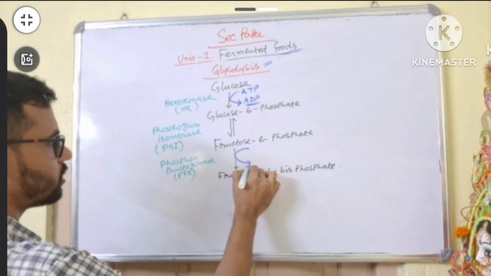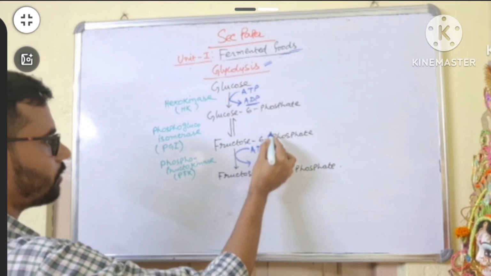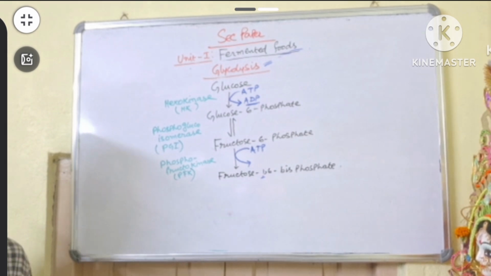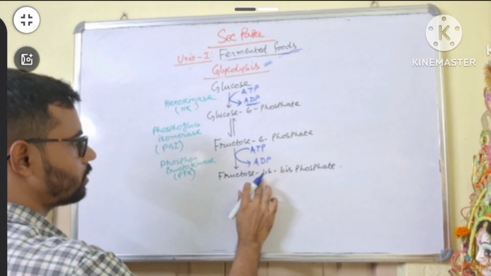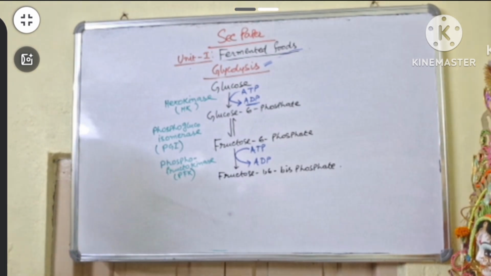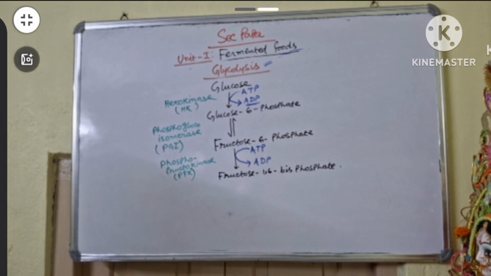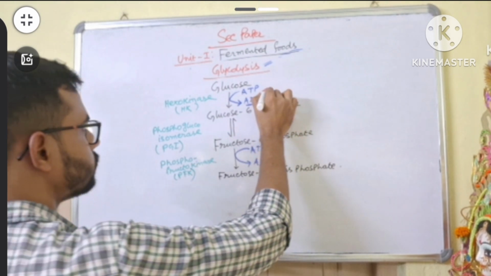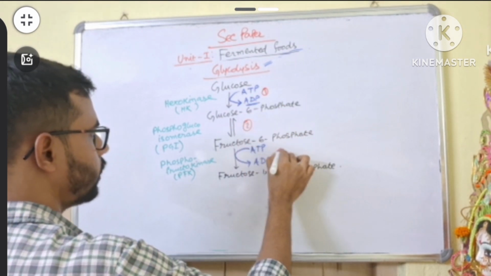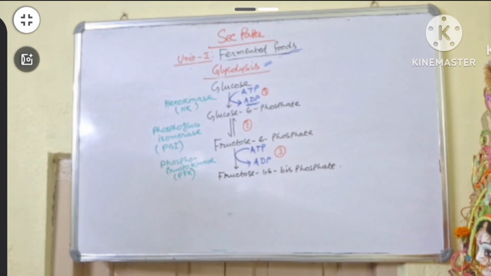Another ATP molecule is required to transfer the phosphate to carbon number 1 of fructose. So ATP to ADP, done. Reaction number 1, 2 and reaction number 3.